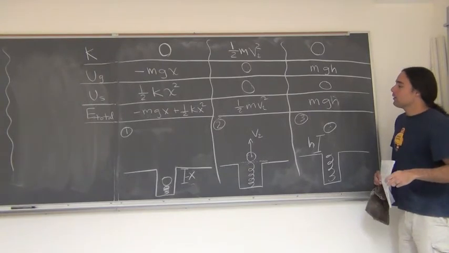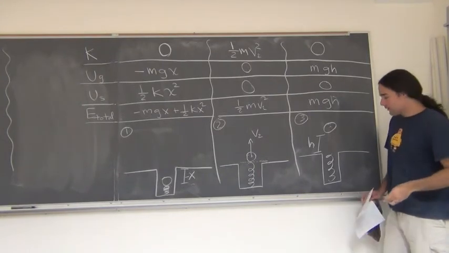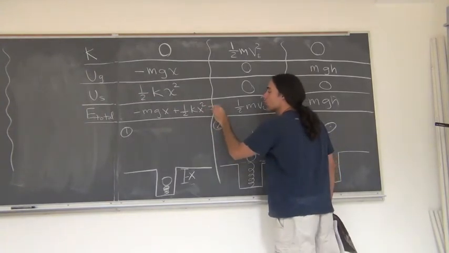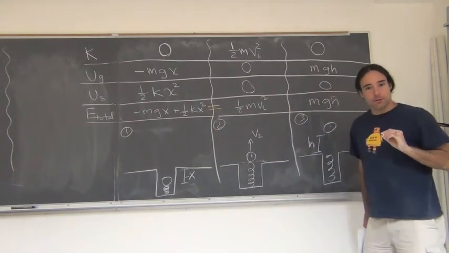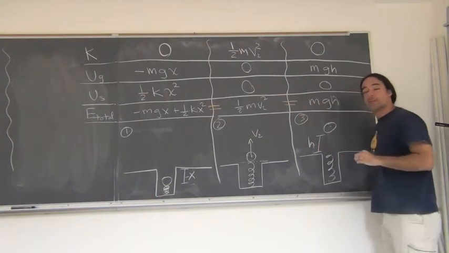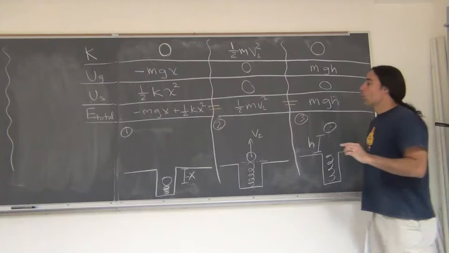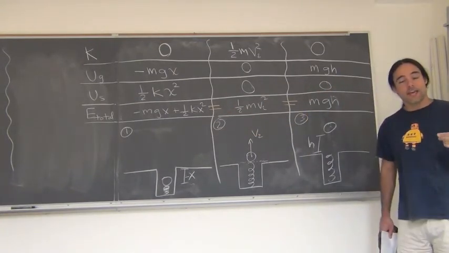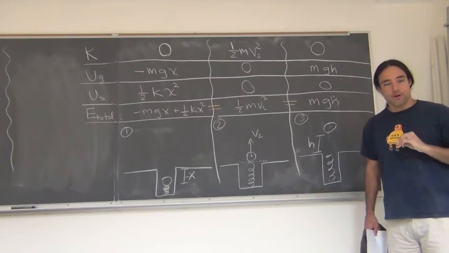We can see now that if energy is conserved, it must be true that the energy from picture 1 has got to be the same as the energy in picture 2, and the energy in picture 2 is going to be the same as the energy in picture 3, which means that 1 is equal to 2, and both of those have got to be the same as the energy in picture 3.